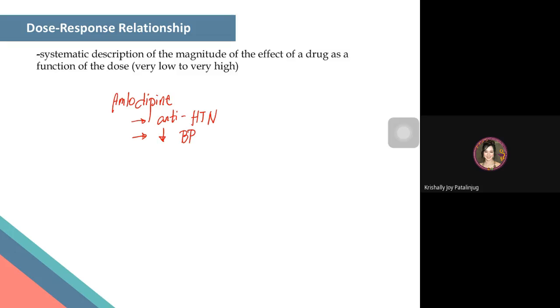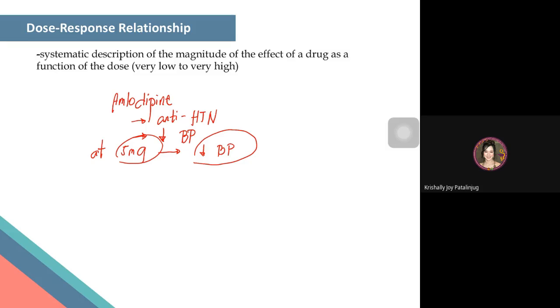So let's say, for instance, at 5 milligram of the drug amlodipine, at this particular dose, amlodipine will cause a certain reduction of blood pressure. So there has to be an existing relationship between this dose and the extent, the degree of reduction of the blood pressure being achieved.